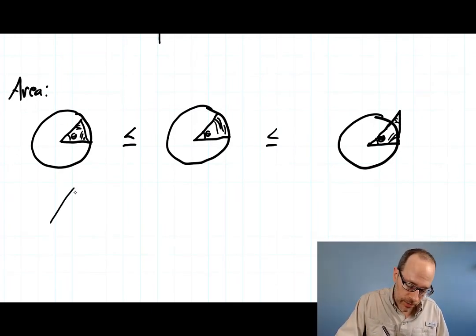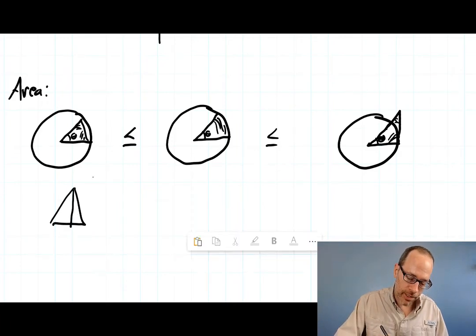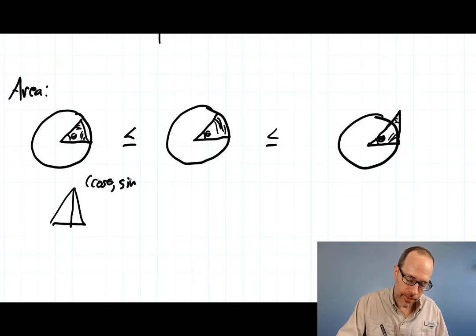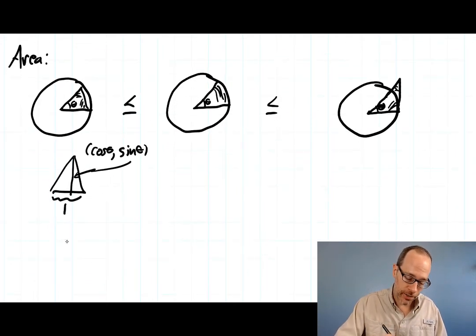So that triangle that we had there, if you draw it, remember the coordinates of that point were cosine theta, sine theta. So in other words, the height here is the sine. And of course the base is 1 because it's a unit circle. So the area of the triangle is 1/2 the base times the height.